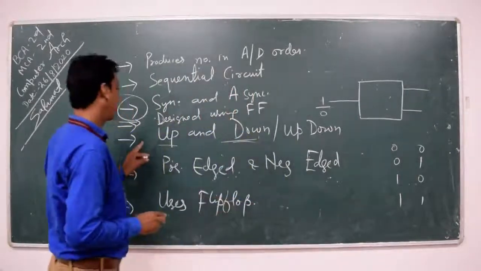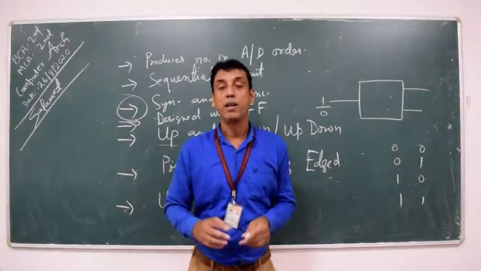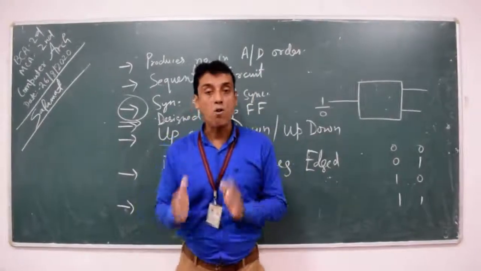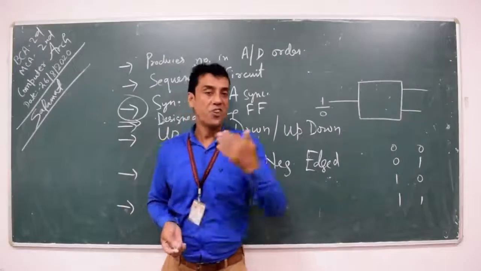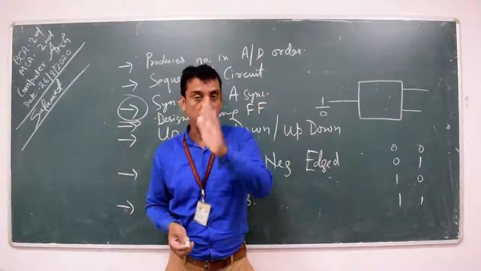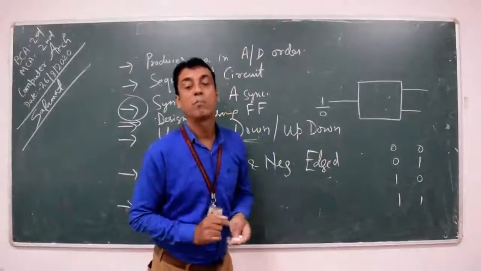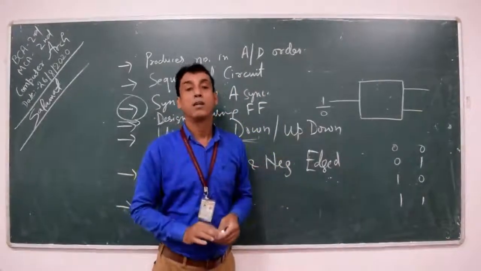Now come to the point. Positive edge and negative edge counter. If the counter uses the flip-flop which is triggered on receiving 1, binary digit 1, then it is known as positive edge counter.